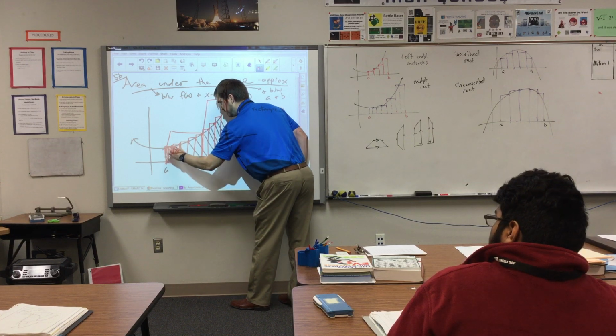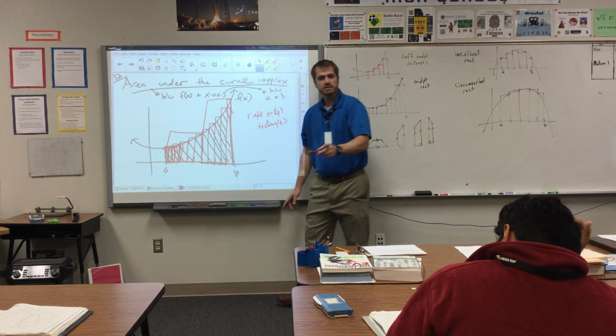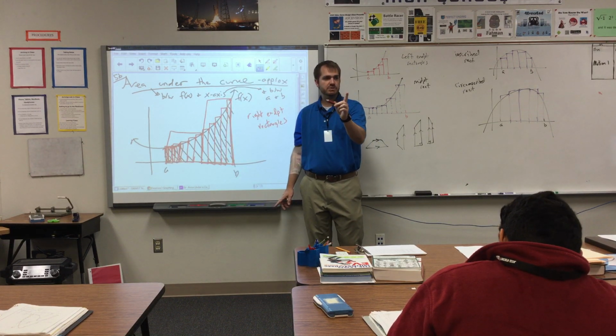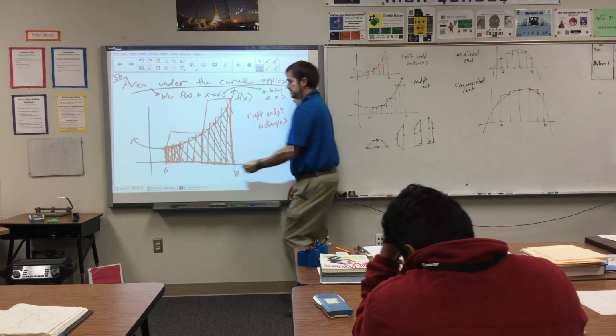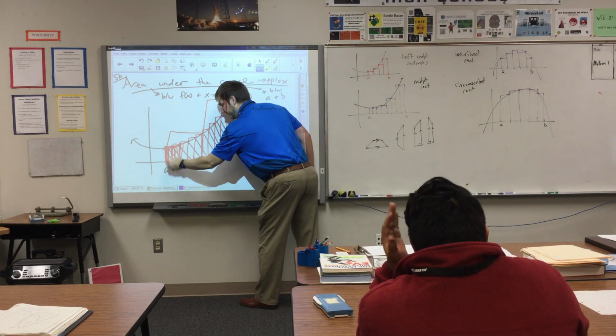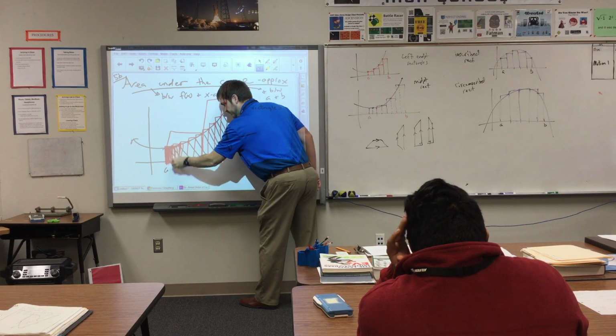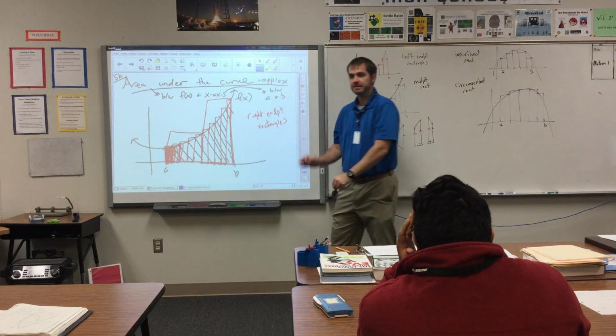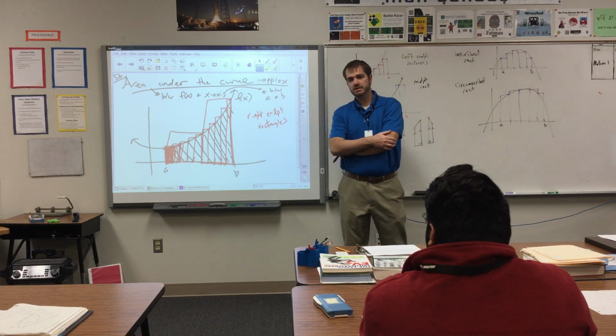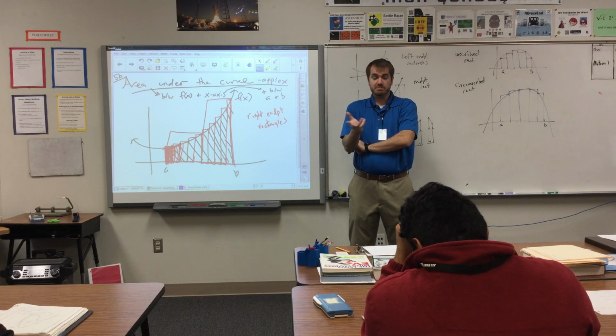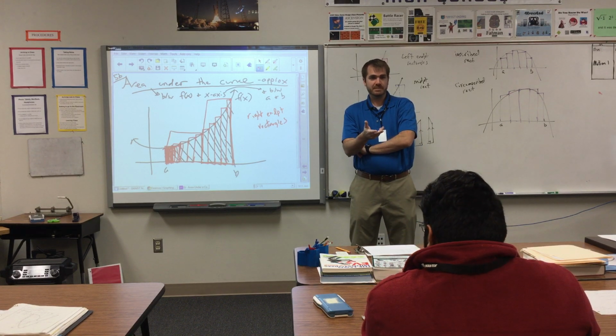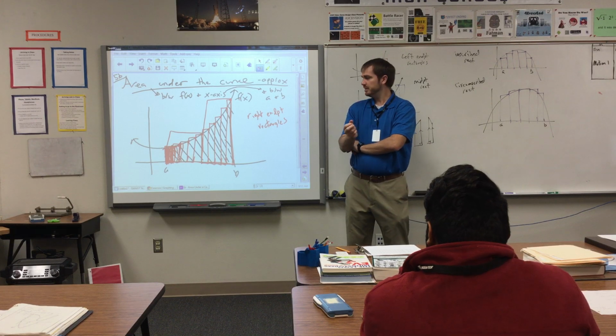This is like 20. But you know what I'm saying? What if I chose 1,000 rectangles? Holy cow. At that point, especially if you're using midpoint. But you know what? Maybe I can just get a computer to do all that stuff.